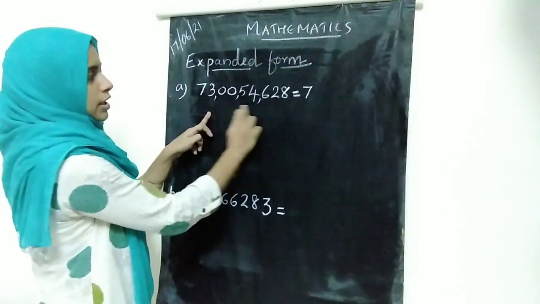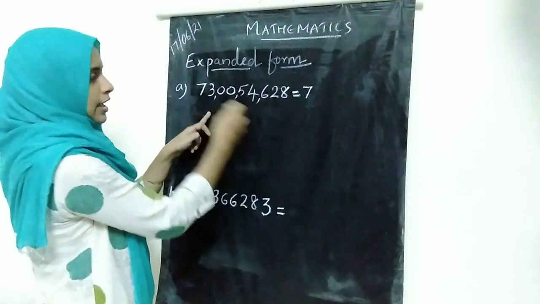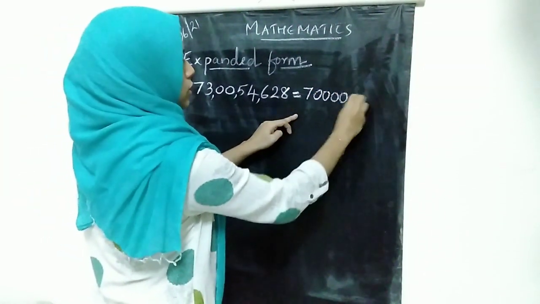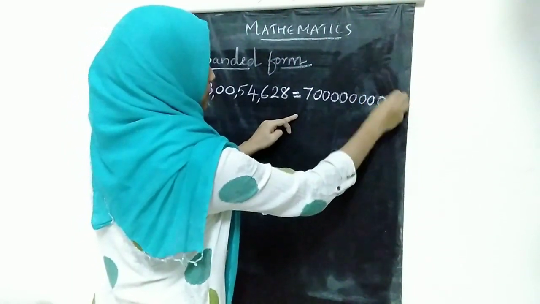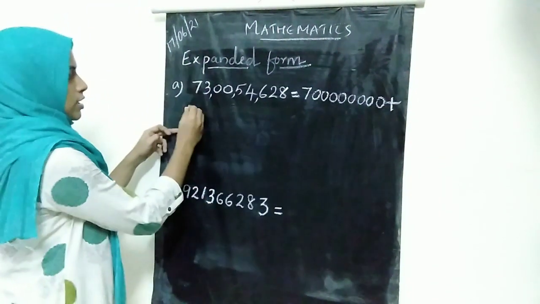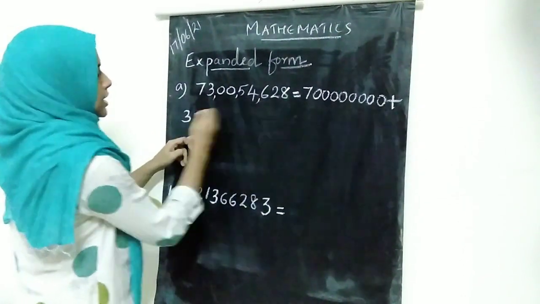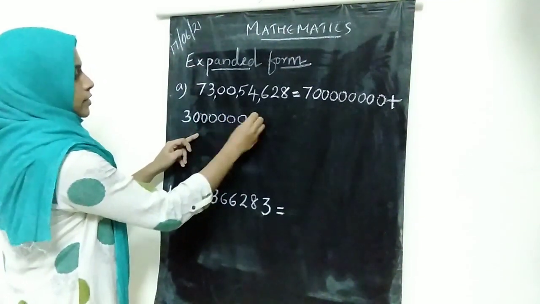Then count how many digits are there: 1, 2, 3, 4, 5, 6, 7, 8. So put 8 zeros. Plus, next number 3 crore. So 3 after how many digits? 7. So 7 zeros.